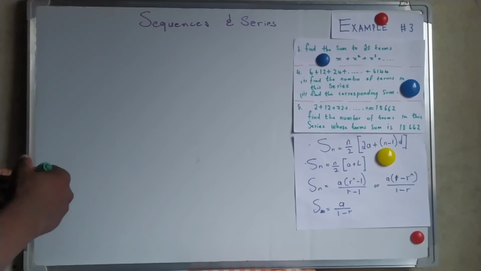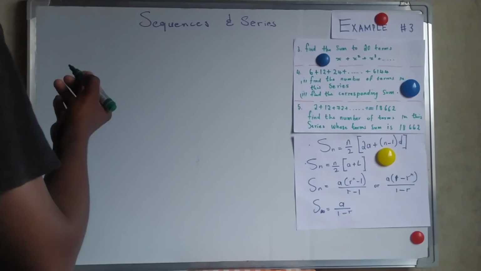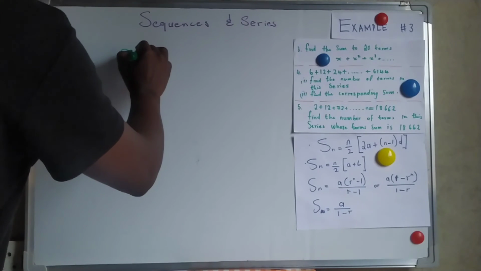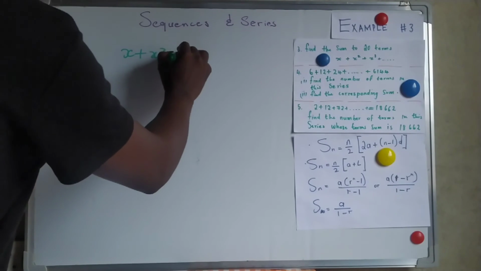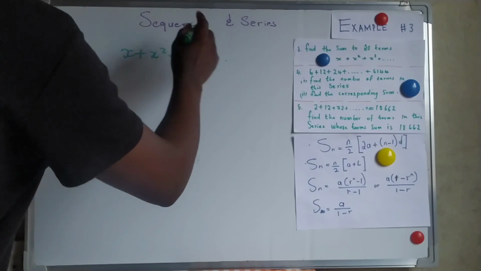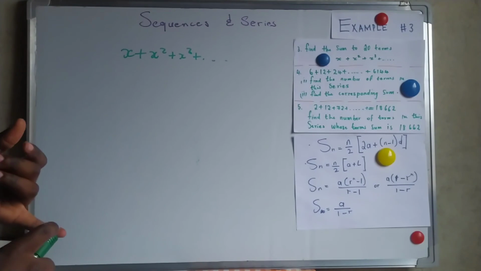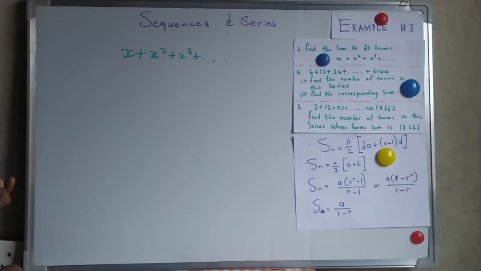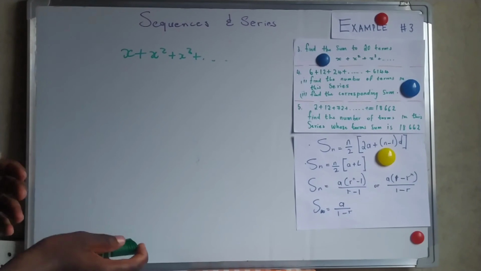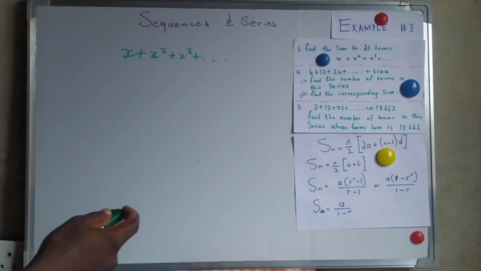Okay, so now on to the third example. Here's our series, x plus x squared plus x cubed plus so on. You are asked to find the sum to 20 terms. What you can soon realize is that you're given variables. In other words, you wouldn't know if your r is greater than 1 or less than 1.